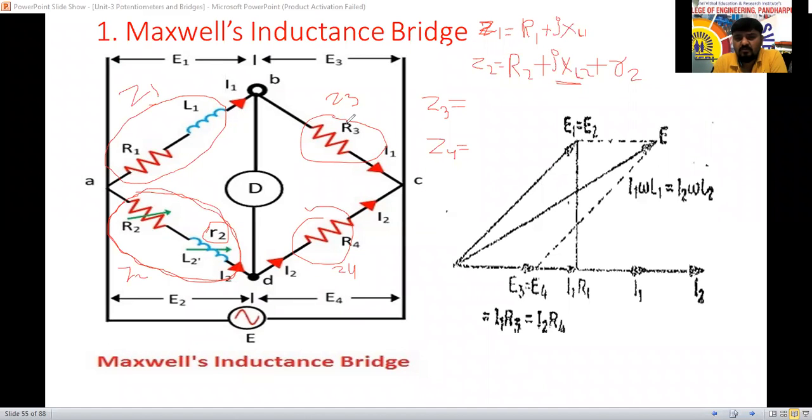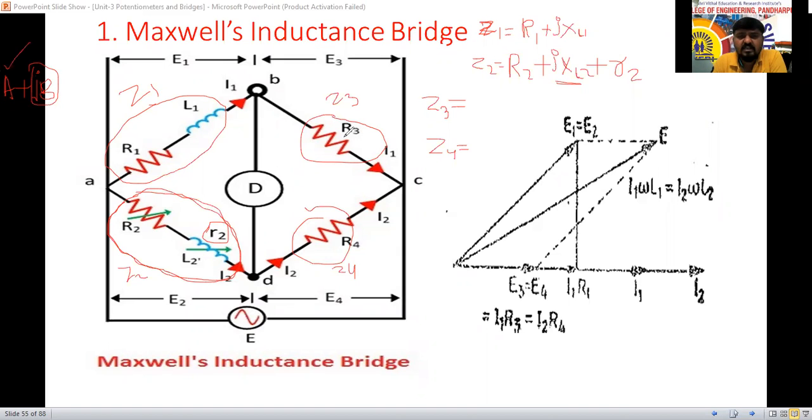See, if we consider A plus jB, A is a real term and B is an imaginary term, in the complex form. If j is there, it indicates a complex term. The real term is like a resistance, the imaginary like an inductance. Is there any imaginary term here?